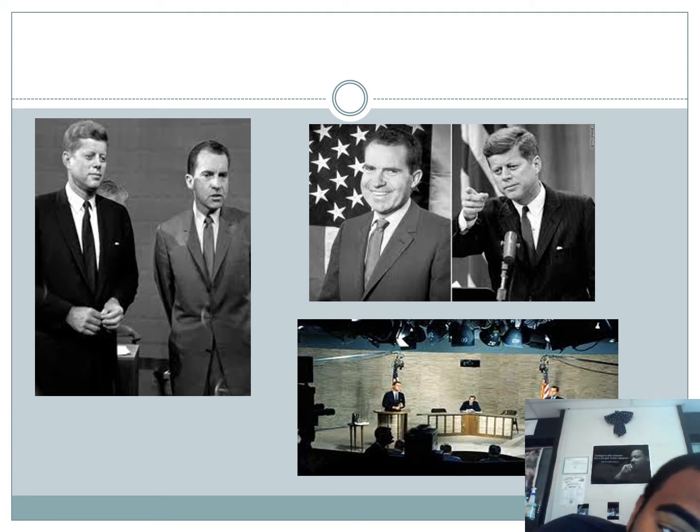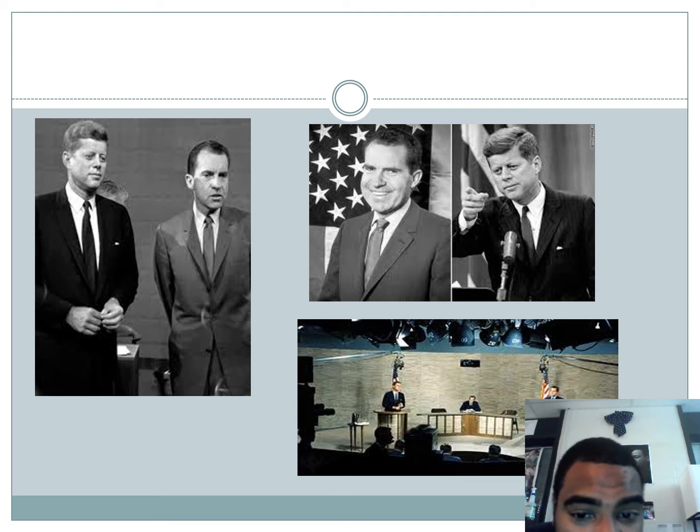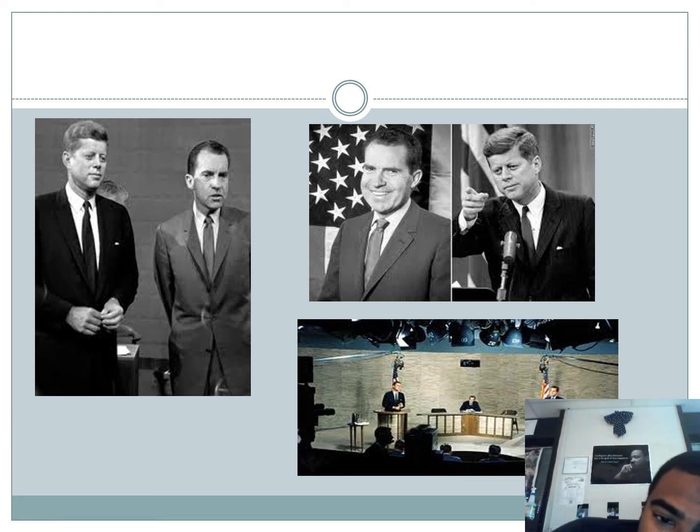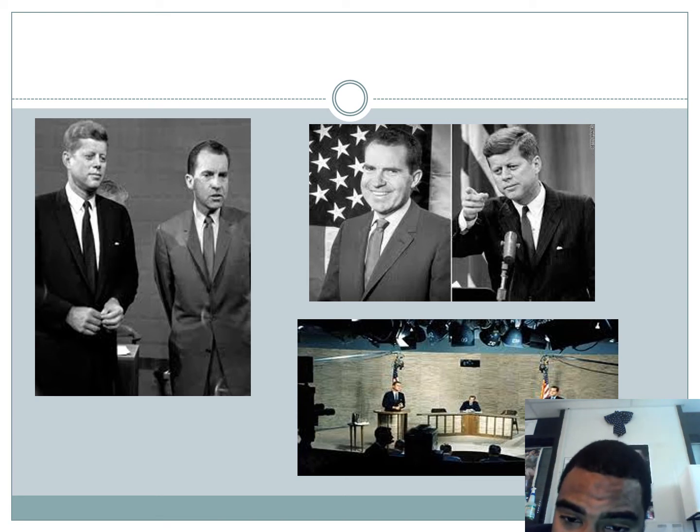Kennedy on the far left is the taller individual, and Nixon is the shorter individual on the right. And as you can see, Nixon is behind the American flag with the stars, and again Kennedy with the microphone. All right, moving forward.